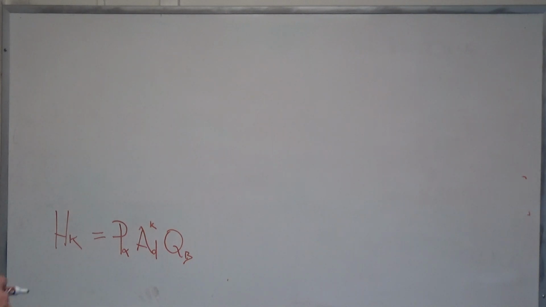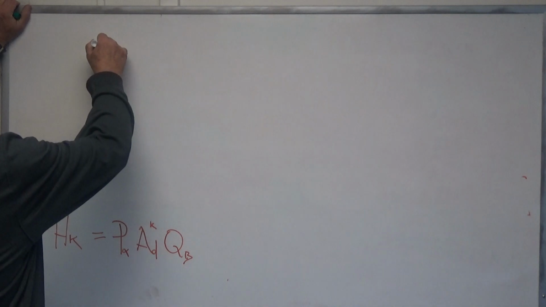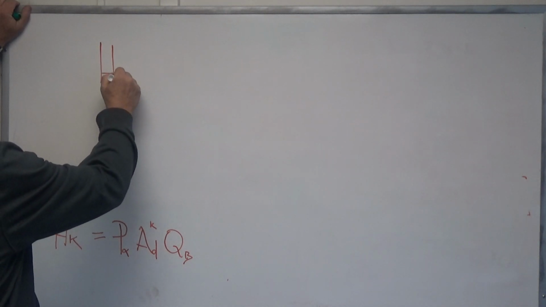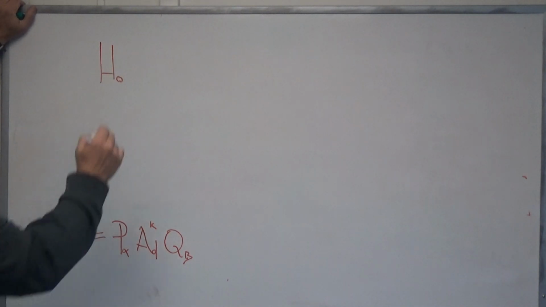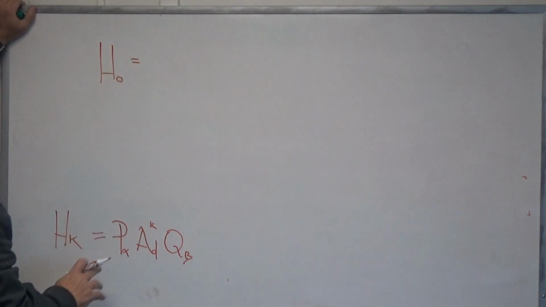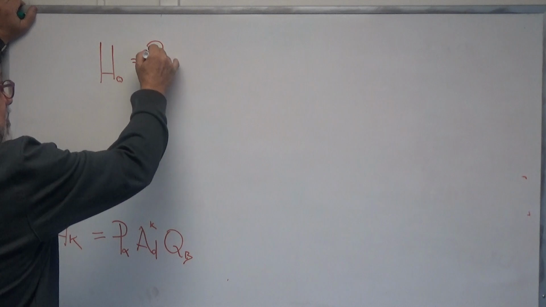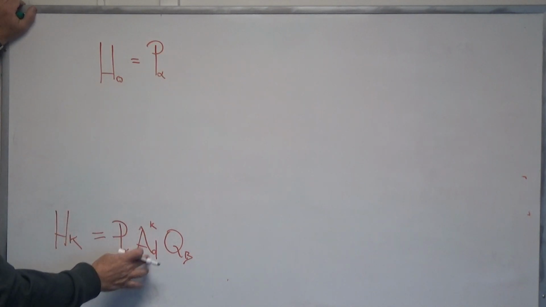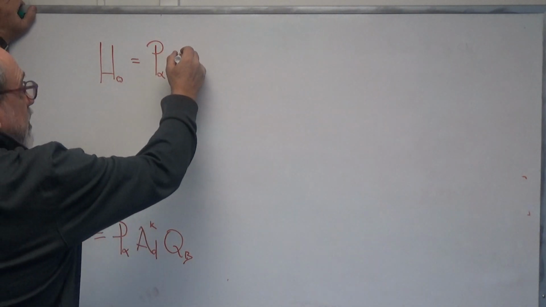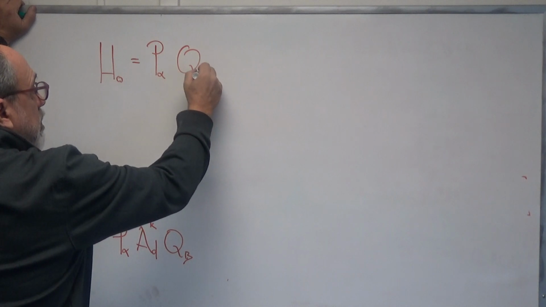So let's take a look at the case of H0. Let's say we take K equal to 0. Then H0 is P alpha, AD to the 0 is the identity, times Q beta.